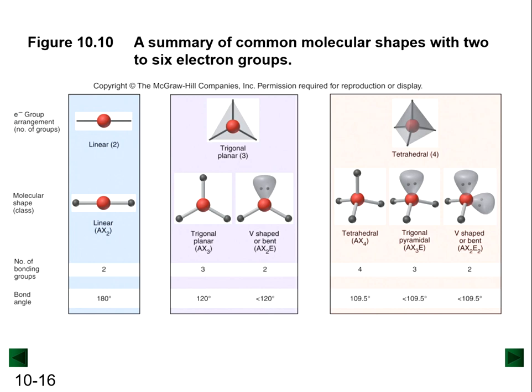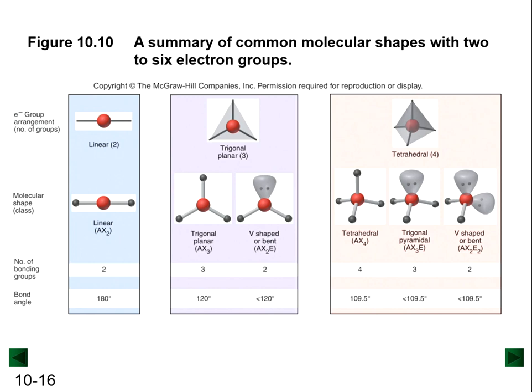The 2 electron group arrangement, we always have a linear molecular structure. For 3 electron groups, we have a trigonal planar electron group arrangement, which can give rise to the trigonal planar molecular structure or a V-shaped or bent molecular structure.